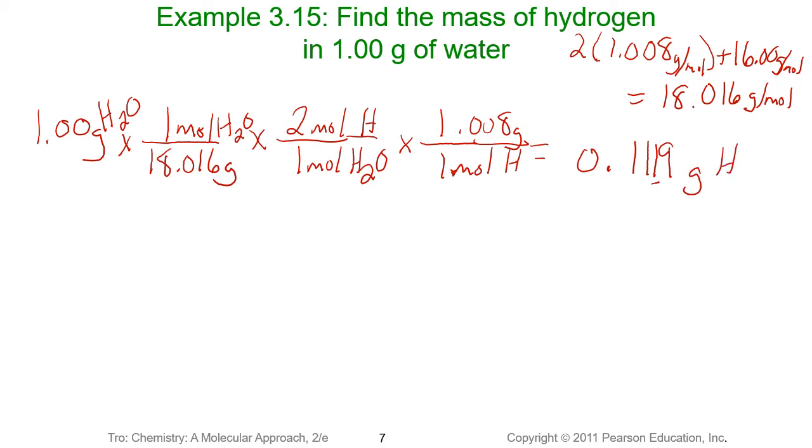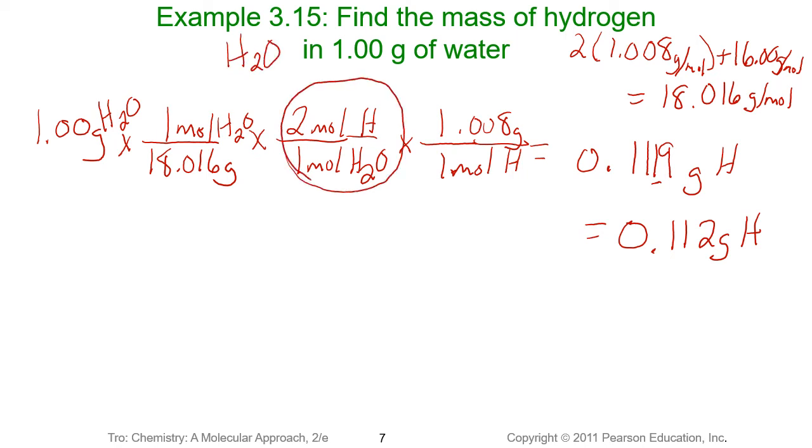And we would have 3 significant figures, so we would report this as 1.112 grams of hydrogen. So because we knew what the formula of water was, H2O, we could convert between water and hydrogen. This is going to be a common way that we do our calculations, starting with grams, using molar mass to convert to moles, doing a conversion from moles to moles and then back to grams using molar mass. We will see this again and again.